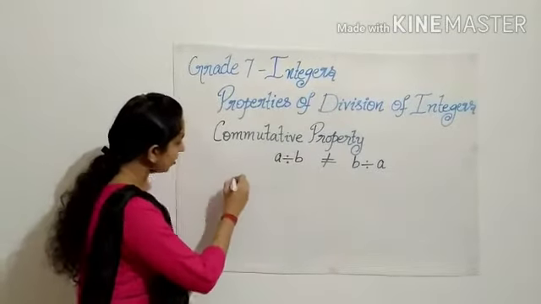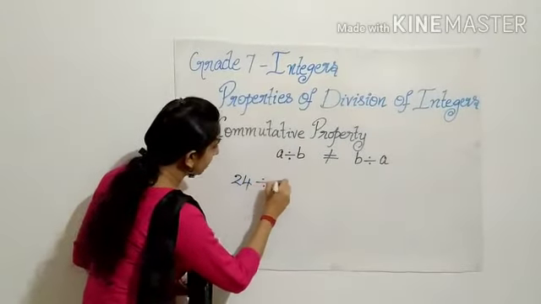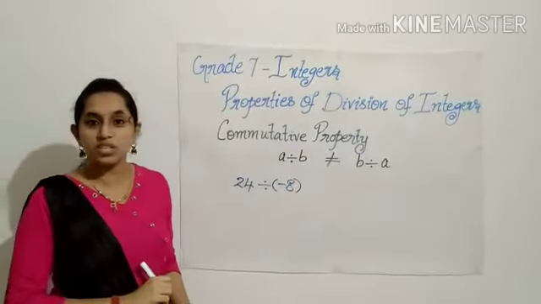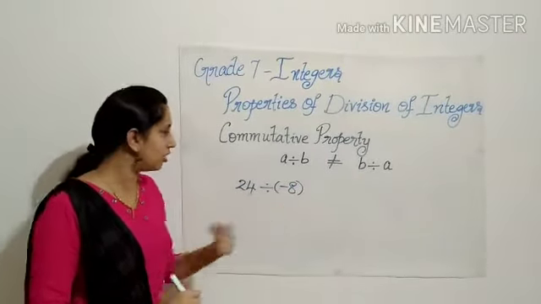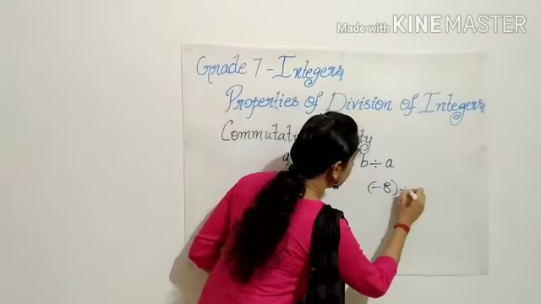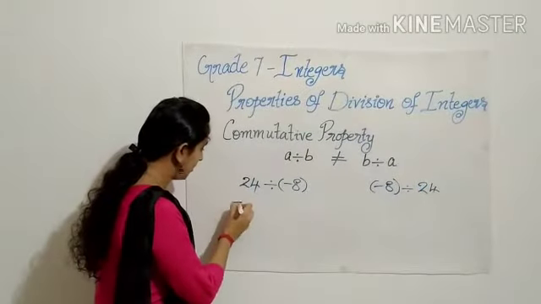Let me take two integers. 24 divided by -8. So two integers are 24 and -8. Let me divide in the reverse order also. -8 divided by 24.